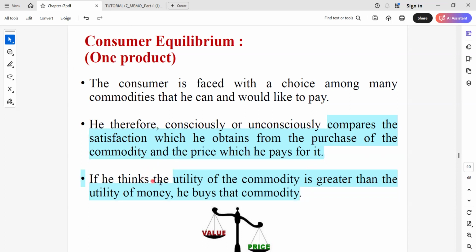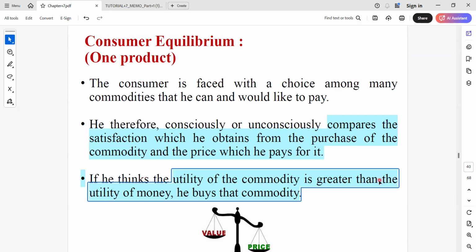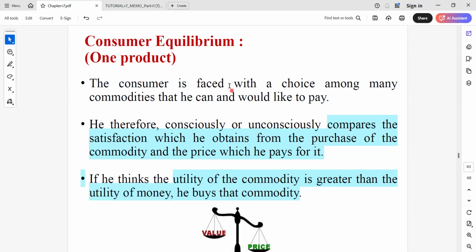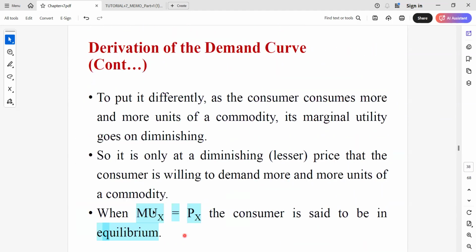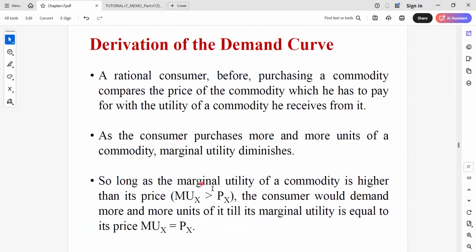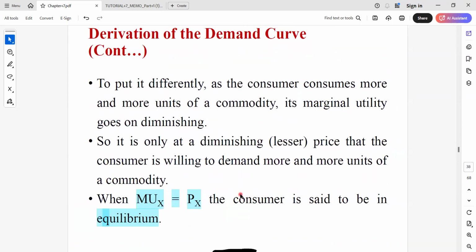Then if he thinks the utility of the commodity is greater than the utility of money, he buys the commodity. So if your marginal utility is greater than the price you're going to pay for that product, then the consumer would buy that product.